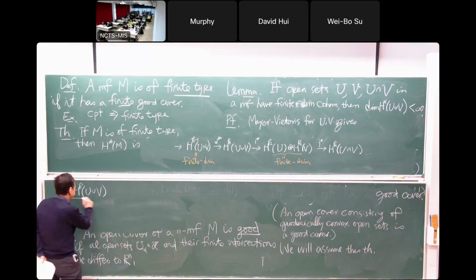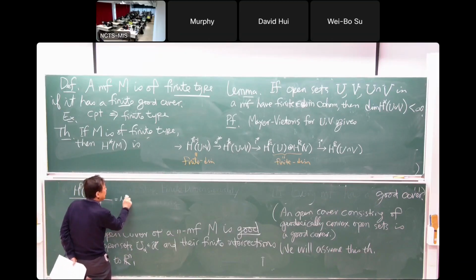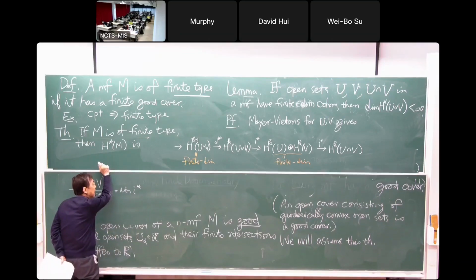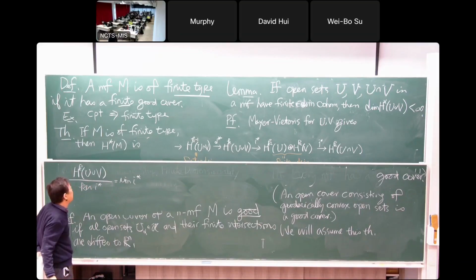By the first isomorphism theorem, this over the kernel of i star is the image of i star. And the kernel of i star is the image of d star.